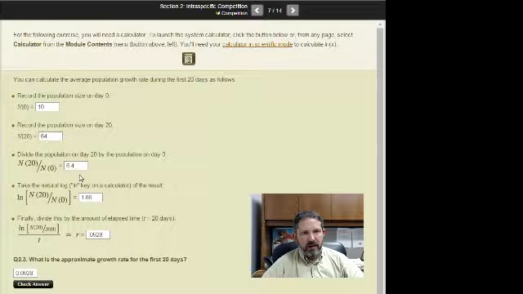We divided the population of day 20 by the day 0 population, and then we took the natural log of that and got a number, and then we divided that number by the number of days, by time, and we end up with R. Okay, now that looks different than births minus deaths. It's the same R, it's the same growth rate. It was accomplished in a different way.